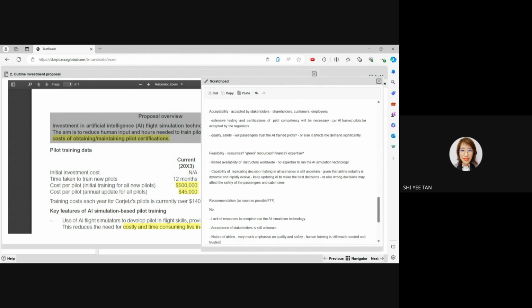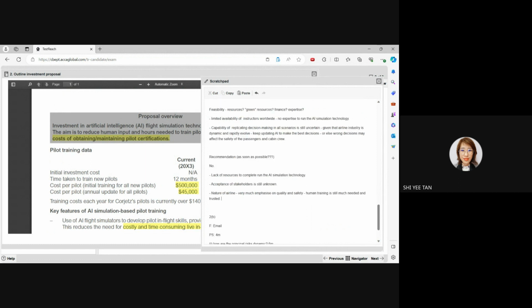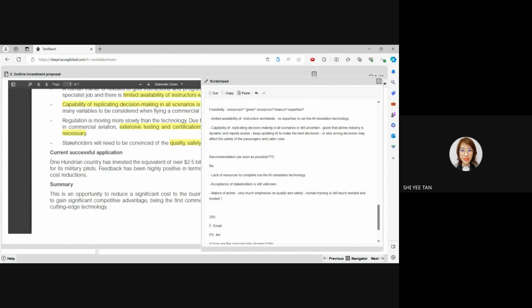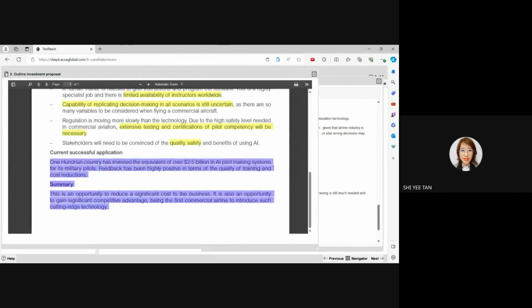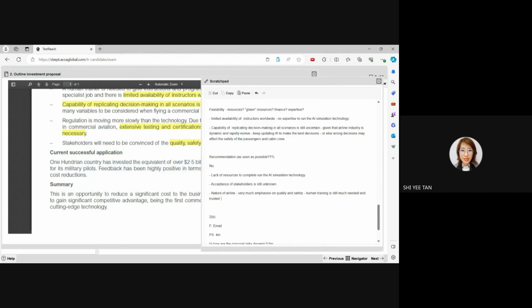I would say maybe they should observe for a period of time, and see how the competitor does, whether there is any problem after the competitor does this. They didn't say how long ago they did this, so maybe we can observe. It is worth observing the effectiveness of AI simulation.